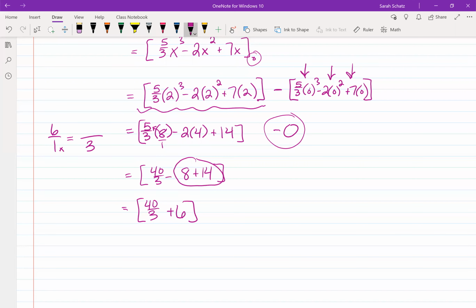So you guys, on the bottom, to get from 1 to 3, you had to multiply by 3. So we have to do that very same on top. And we can call this 18 over 3. So I have the 40 thirds, and then I'm going to write the 6 as plus 18 thirds, and I'm just going to add those together and get 58 thirds. And you should be able to write your answer in exactly like that as a fraction.